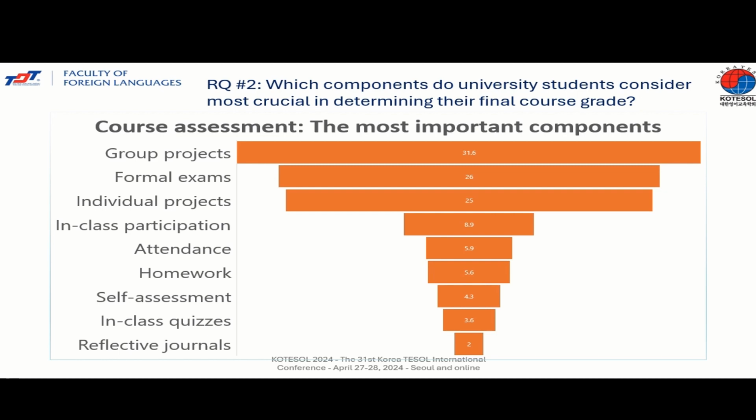Again, the number 1 thing is group projects, then formal exam, individual projects. All of these 3 account for more than half of the choices from the student participants, while the one with the least preference is reflective journal, just 2%.